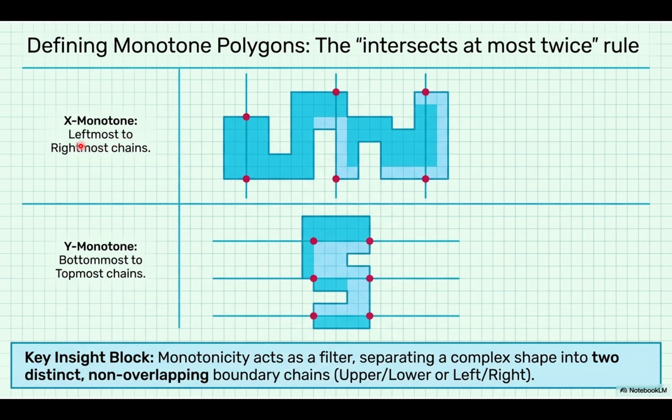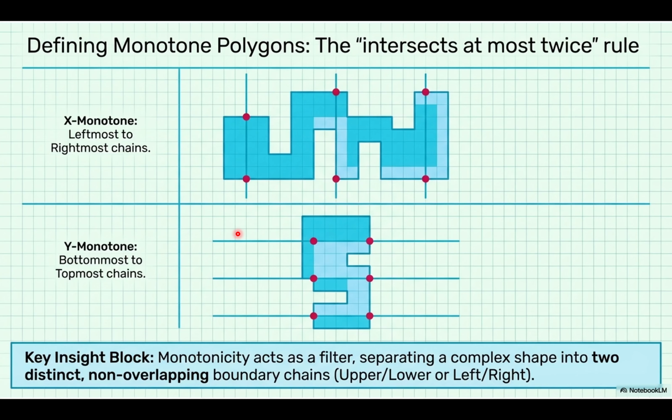Well, it's monotonic in the mathematical sense. A shape is considered monotone if you can draw a straight line through it in a given direction, and it intersects the shape's boundary at most twice. At most twice. Okay, give me a visual for that. Think of an X-monotone polygon. Any vertical line you drop straight down through the shape will only cross the boundary as it enters the top and as it exits the bottom.